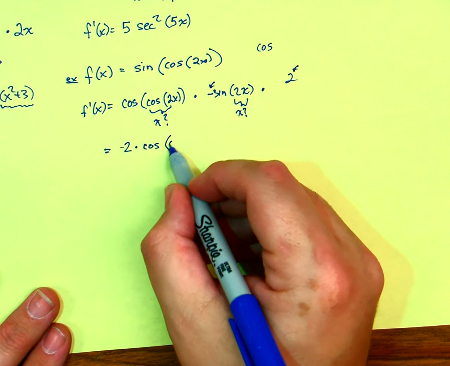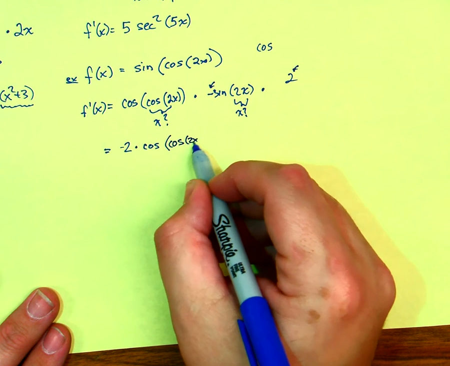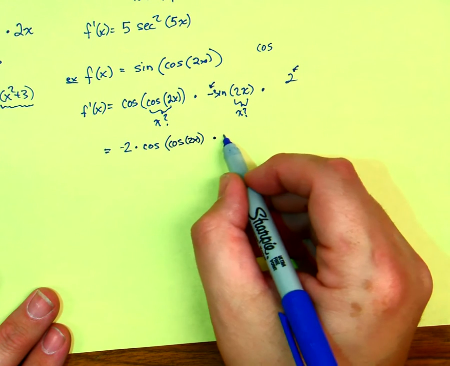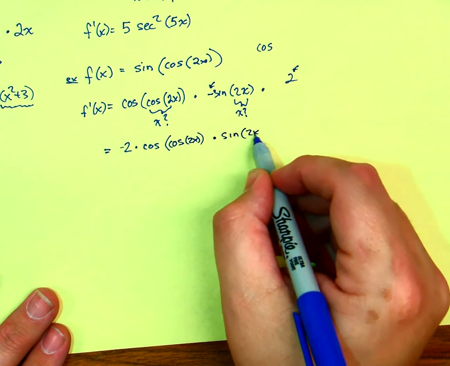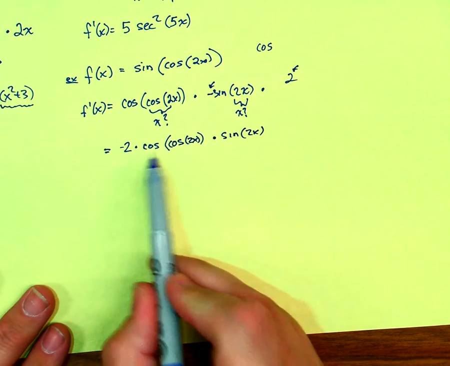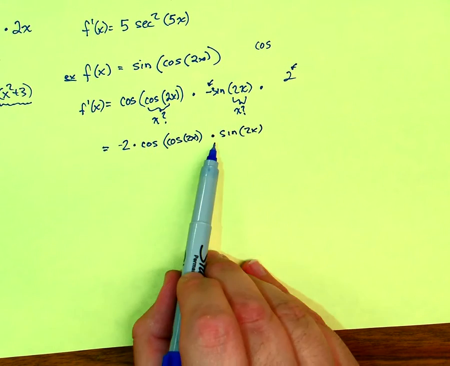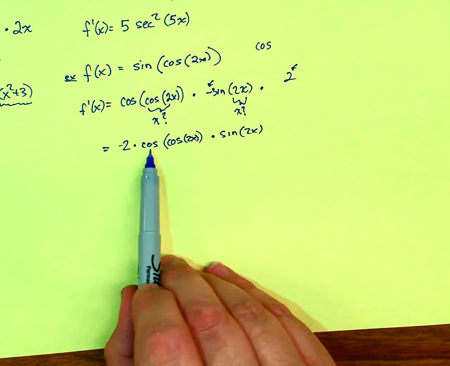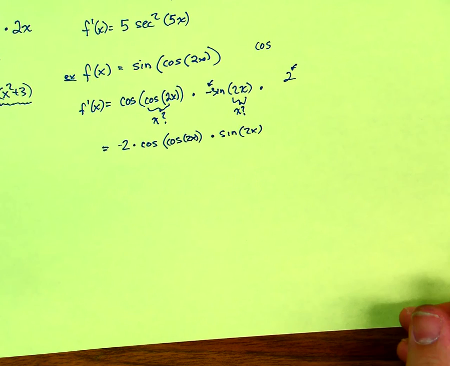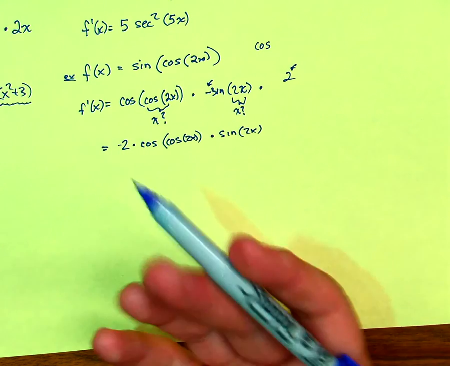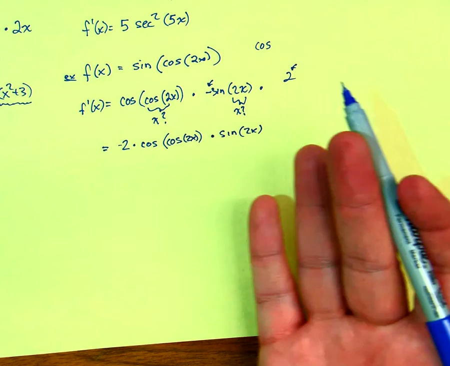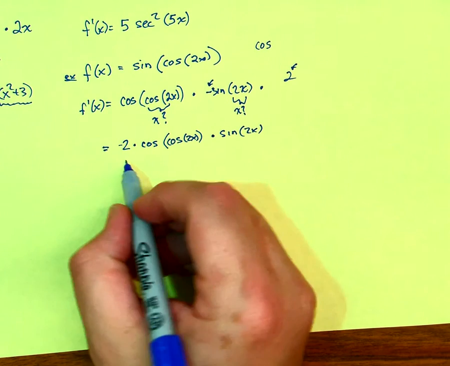Now, I don't care if you put the multiplication signs in there, because it's easier to see, it's easier to read. I used to do this a lot. The negative popped out to the front because I had a negative.